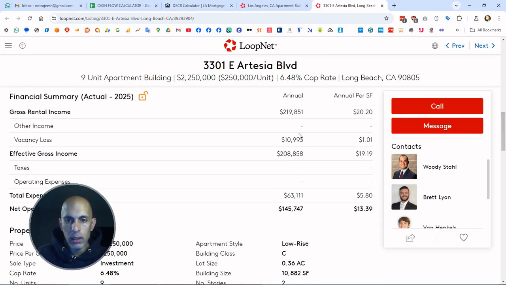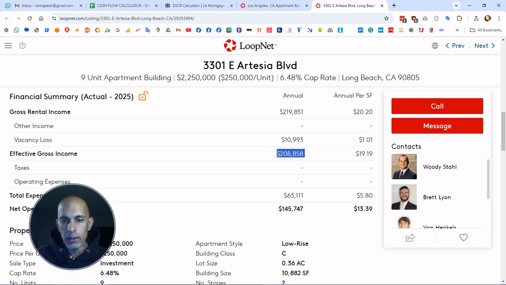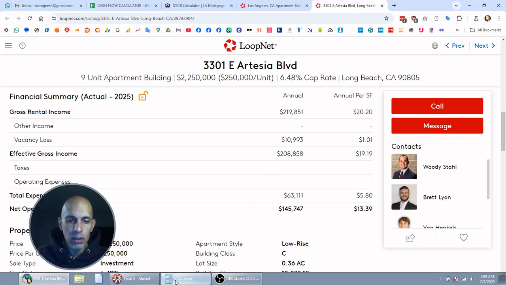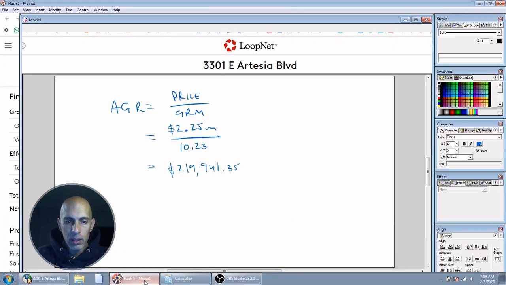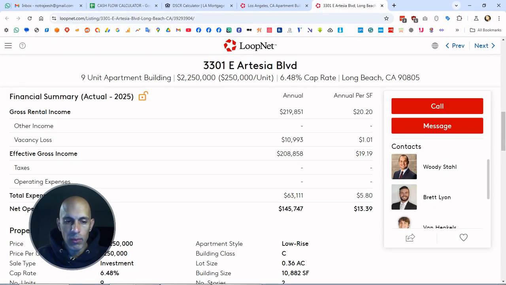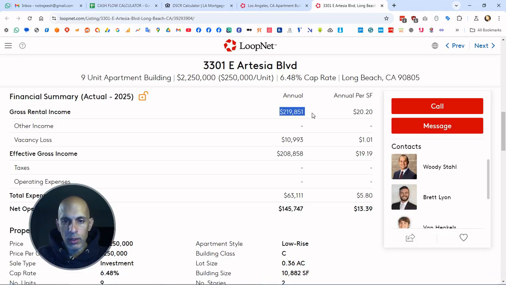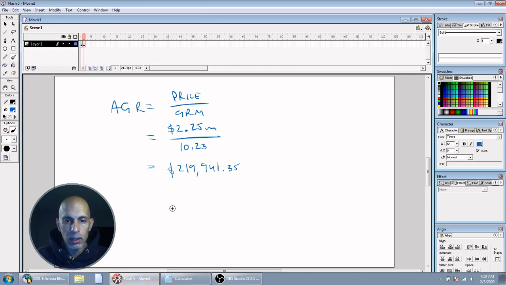They are saying 219,851 and effective gross income is 208,858. So if we were to use this number and enter a vacancy of 0, we should be good. So this is 941 and this is 851. So it's not too far off, but it's a little bit further off than I personally would like. So I'm going to use this one just because it is lower.